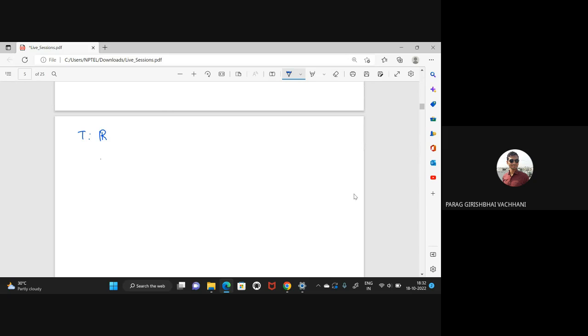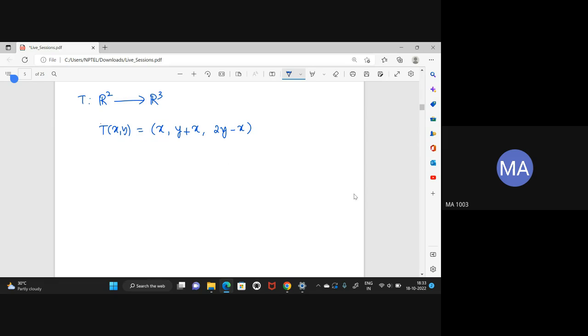Suppose I have R2 to R3. T of x comma y is equal to x comma y plus x comma 2y minus x, something like this. Is this map 1 to 1? How do we check? We take T of x, y equal to 0.